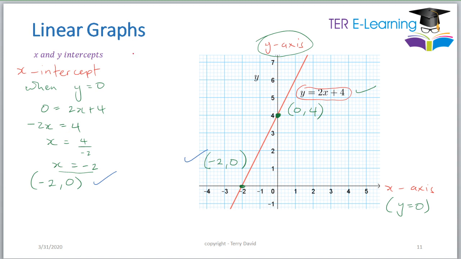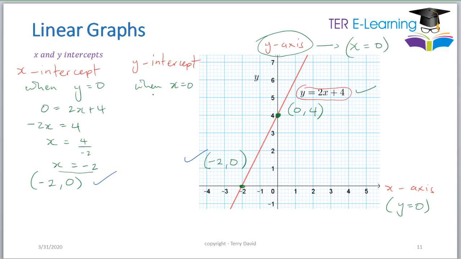Now, you all need to be able to calculate the y-intercept as well. For the y-intercept, we have to say when x is equal to 0, because my y-axis is also the line x is equal to 0, right?